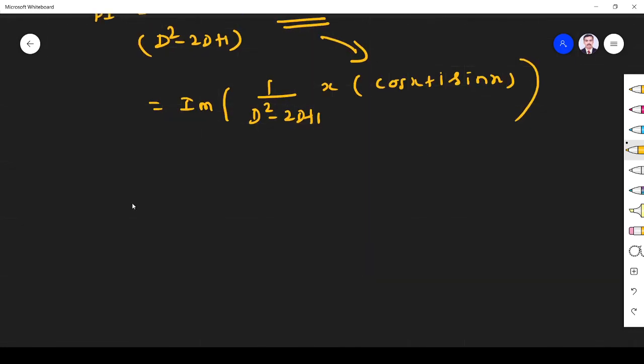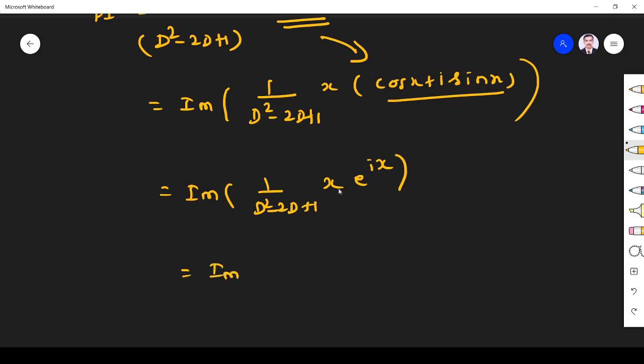Now that is the imaginary part of 1 by D squared minus 2D plus 1, x into e power ix. Whenever we have x into e power ix, we replace D by D plus i and bring e power ix to the left-hand side. So e power ix, 1 by (D plus i) squared minus 2(D plus i) plus 1, into x.